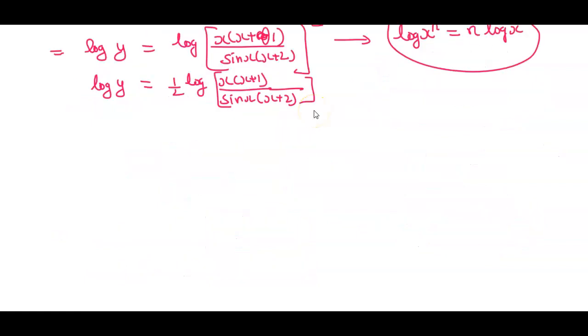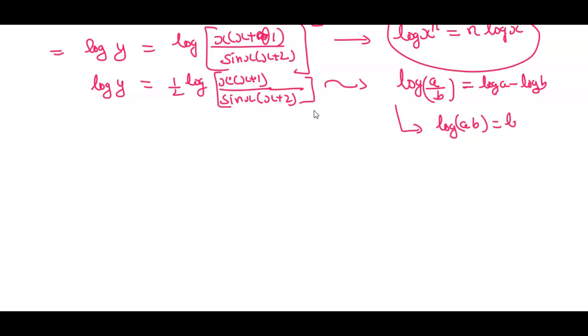Now if you can see, in this particular case we are going to use log a by b equals log a minus log b. Also, since it is a product of two, log a into b is equal to log a plus log b.